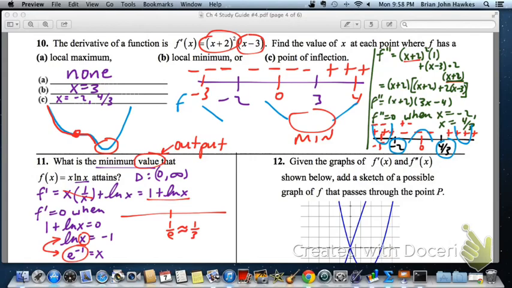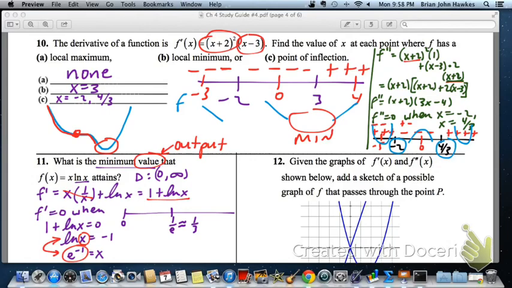I think I've been doing my f prime tests not in red, so let me be consistent with that. Okay, so f prime test, we have 1 over e, which is between 1/2 and 1/3, so let's just say 1/3 on the low side. To the left of 0, this function doesn't even exist anyway, so you don't need to worry about that. And to the right of 1 over e, no more critical points.